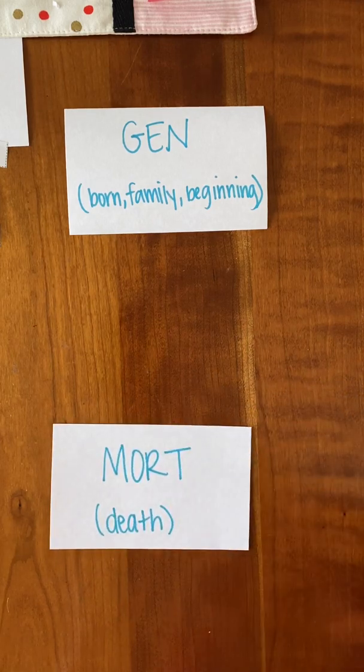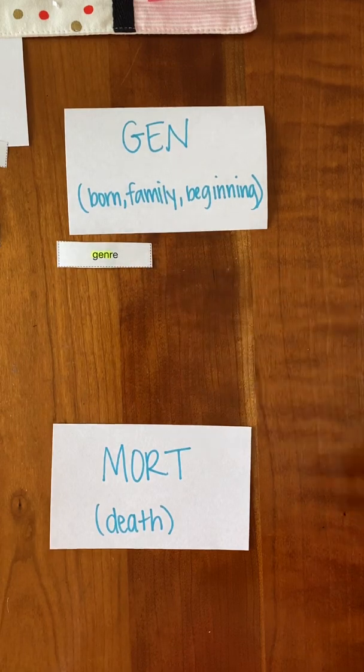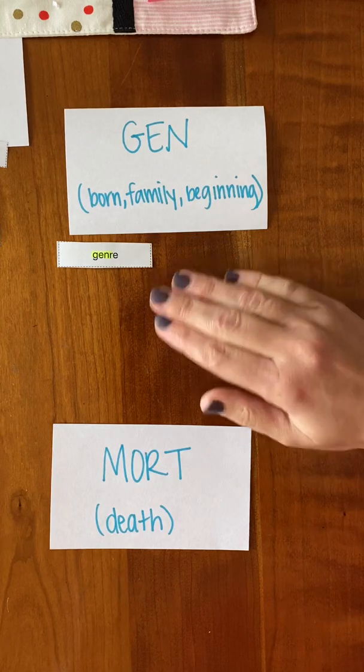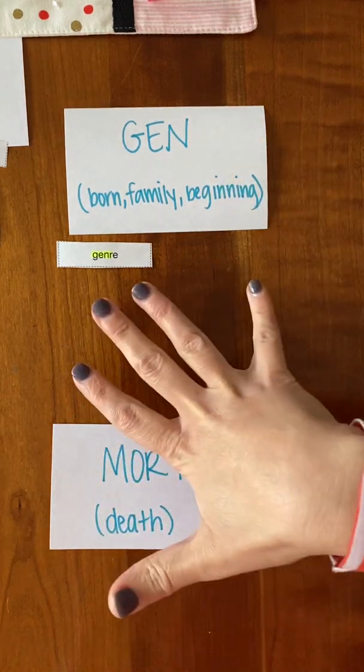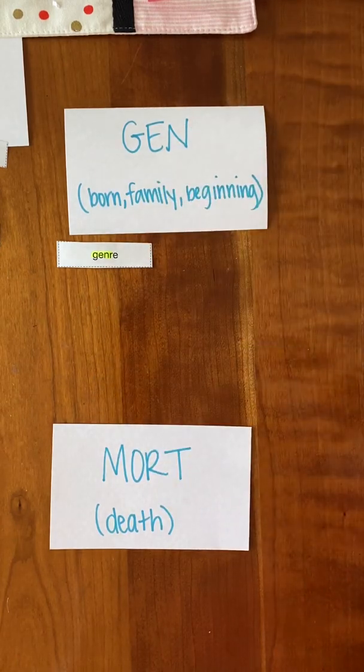You probably know these. We have the word genre, okay? A genre is a category of books or art, right? So this is a genre of comedy or science fiction or fantasy, right? This is what they all kind of have in common. They're all the same family, so to speak, of books, right? That's what a genre is.